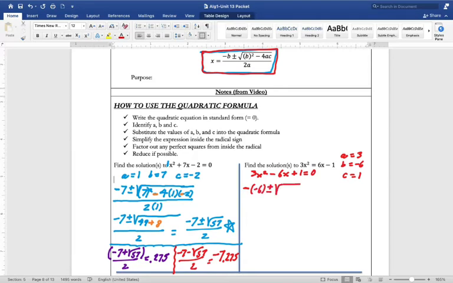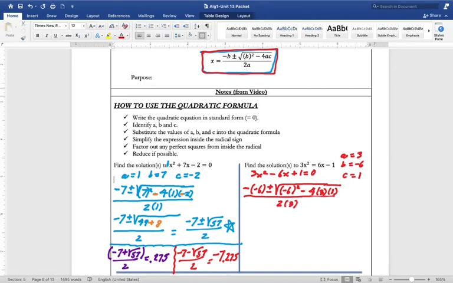And then plus or minus the square root of b squared. And we absolutely have to have negative 6 times negative 6 in parentheses. Minus 4 times a times c all over 2 times a.